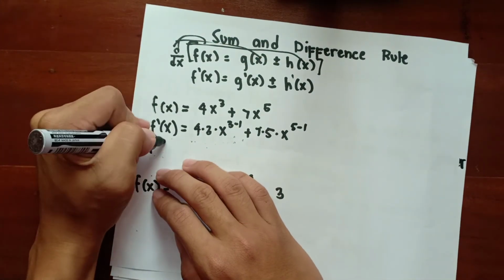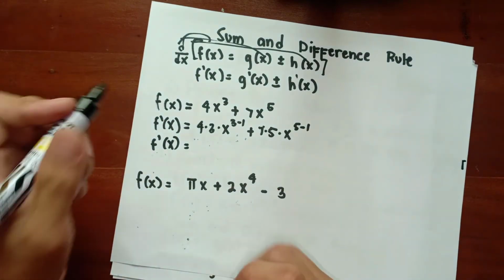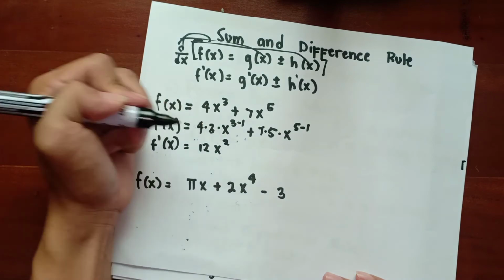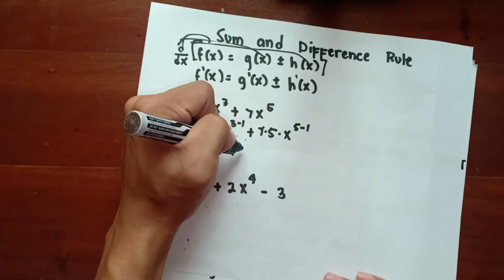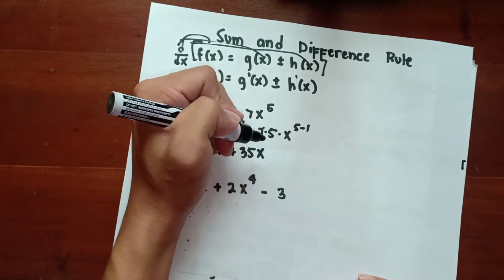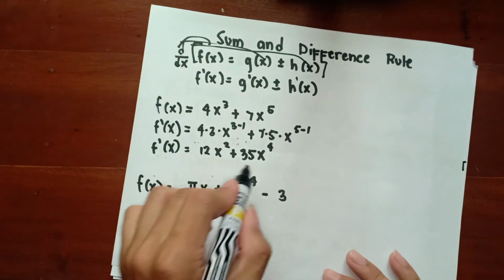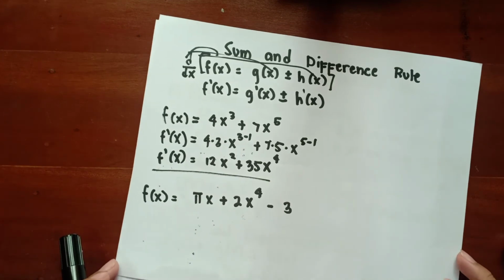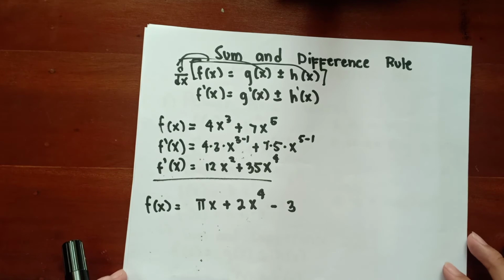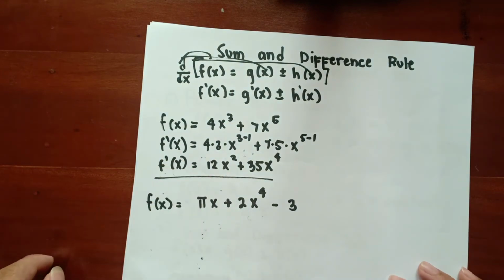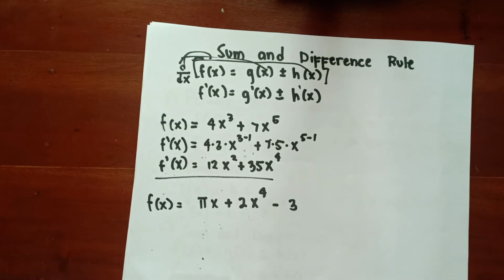Simplify further: 4 times 3 is 12, x raised to 3 minus 1 is 2, plus 7 times 5 is 35, x raised to 5 minus 1, which is 4. So that's the derivative of the function f of x equals 4x cubed plus 7x raised to 5th. So correct, guys.